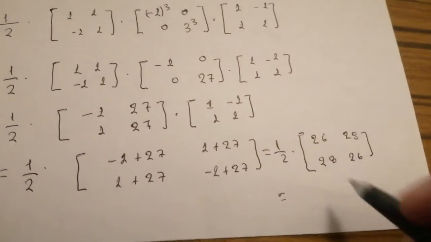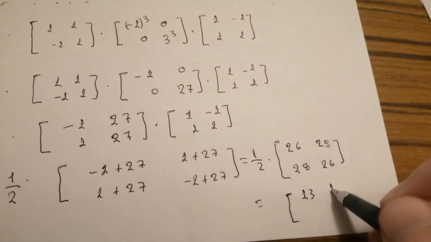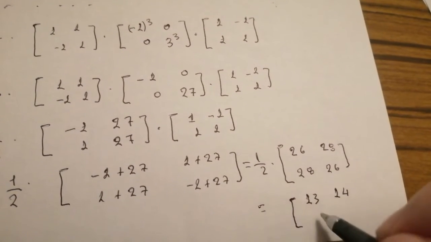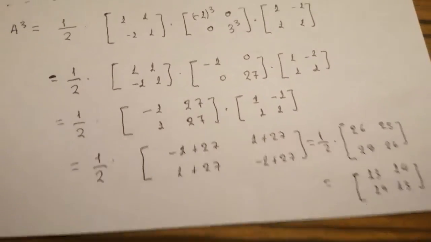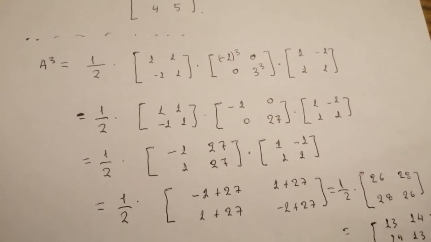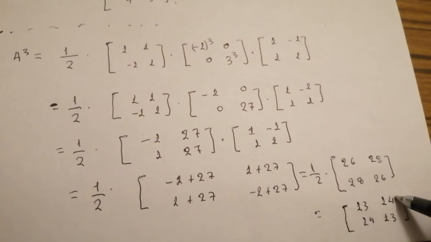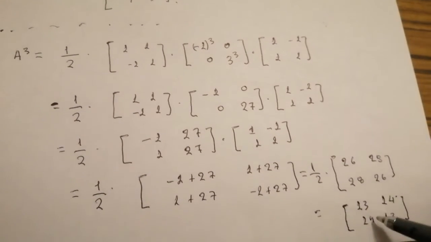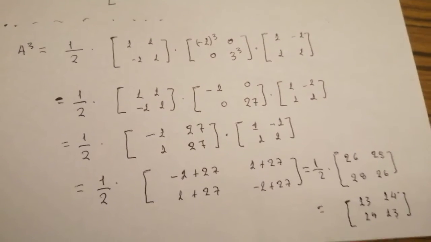So this is 13, 14, 14, 13. So we have computed A to the third power. It's [13, 14; 14, 13]. It's a straightforward calculation.